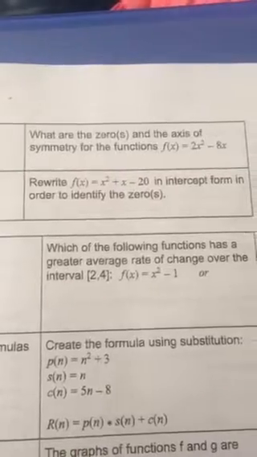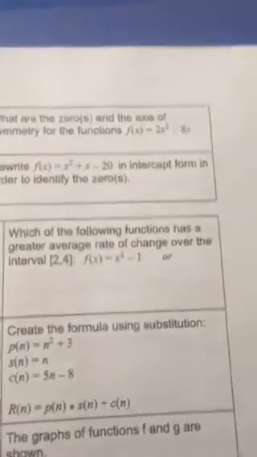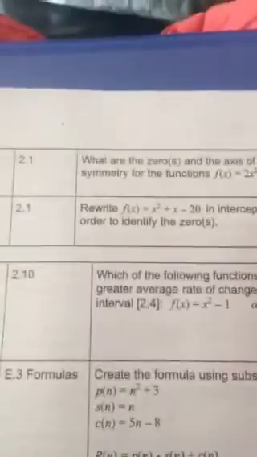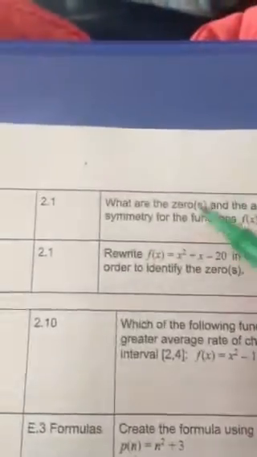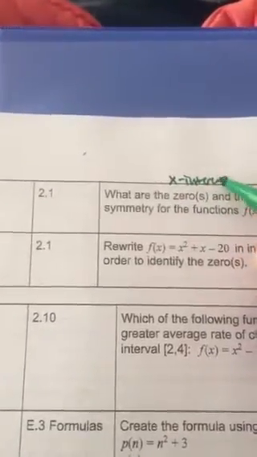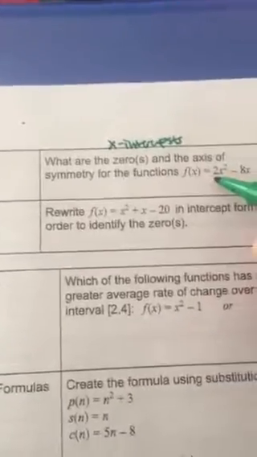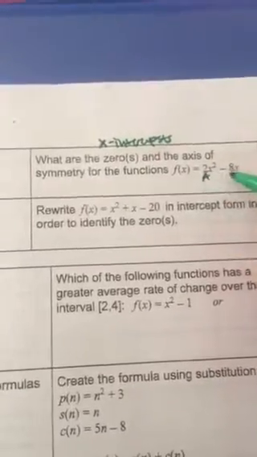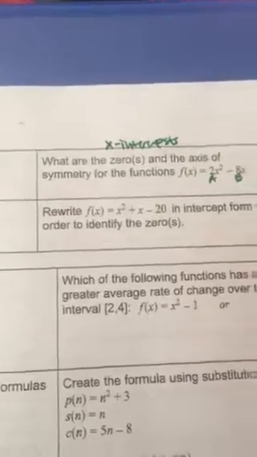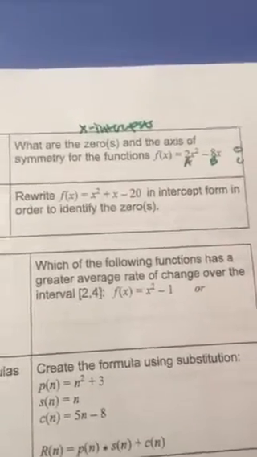What are the zeros and the axis of symmetry for the function 2x squared minus 8x? To find that, zeros mean x-intercepts, so I need to solve for x. I can either do standard form, so a, b, c, where c is 0, and plug it into the quadratic formula, or I can factor it.